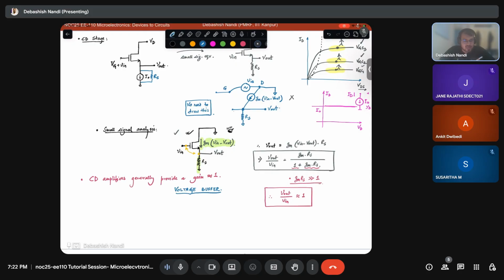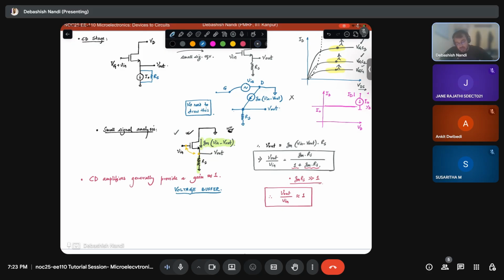That is why I wanted to emphasize this point, that I will use this in designing the fully differential amplifier. I need to show you how that fully differential amplifier structure came about, so there we will be using this voltage buffer. So remember that wherever a voltage buffer stage is required, we can use the common drain amplifier stage directly.